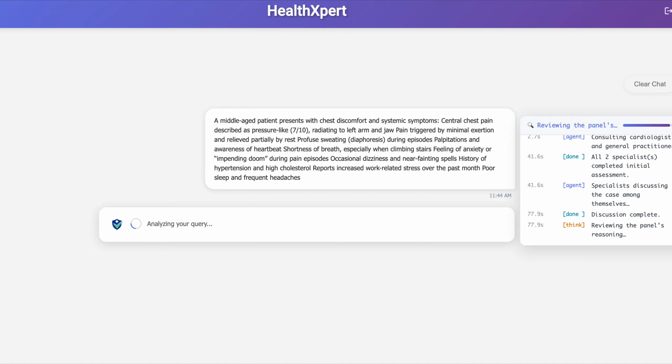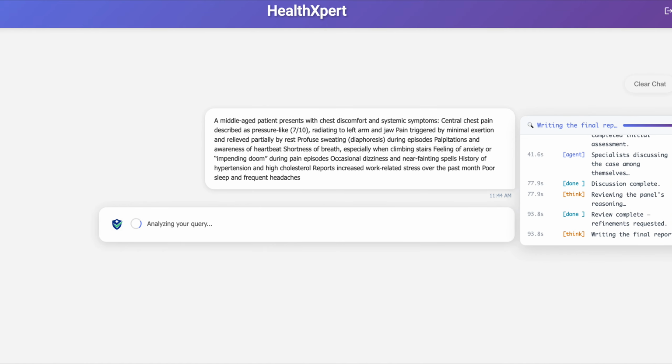It is collecting all the discussions and all the arguments, and it is going to give a final report. The report agent is writing now.